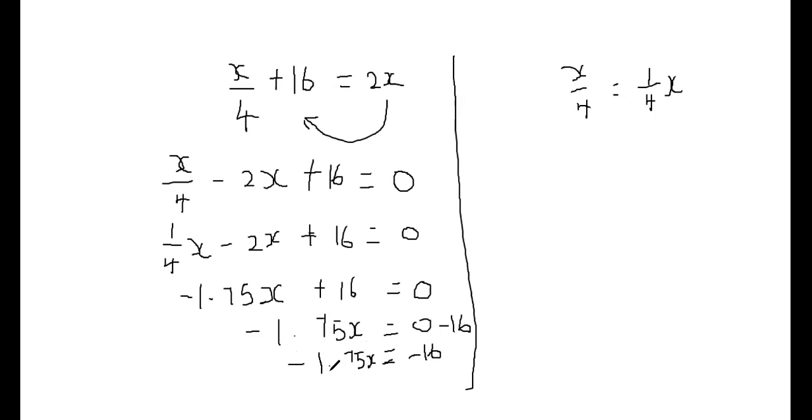So we just take over now. We take over minus 1.75. Minus 1.75 is multiplying, so when we take it over, it will divide. So we get x is equal to minus 16 upon minus 1.75, put it in your calculator.